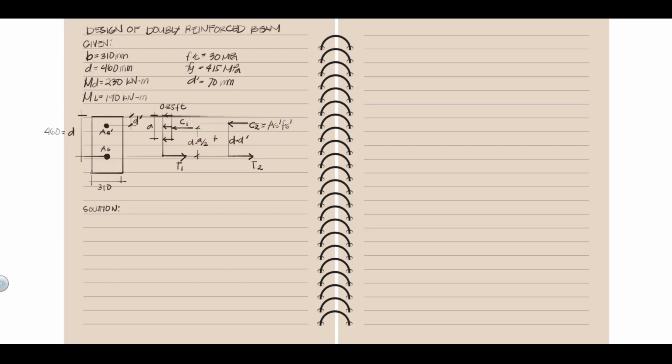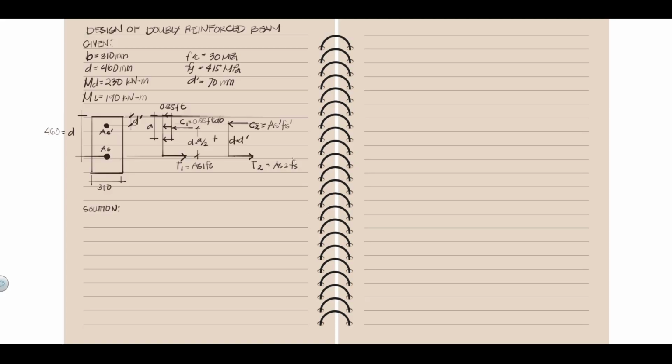And then for C1, this is the force in the concrete, so we have stress 0.85 F prime C times the area of the concrete, A times B. T1 is the area of steel number 1 times Fs, the stress in the steel. And T2 is AS2 times the stress in the tension, that is Fs.